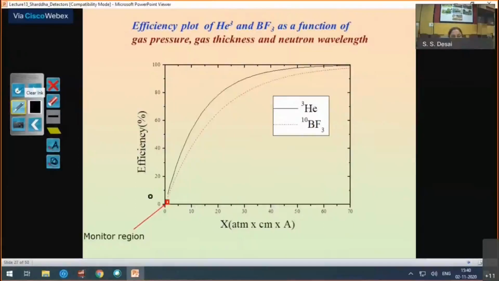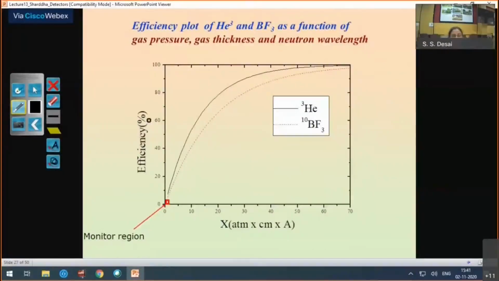Just to make calibration easy, a generalized graph is plotted here, where Å is the neutron wavelength in angstroms, with gas pressure and the thickness t in centimeters. For helium-3 and BF3, this has been plotted together just for comparison.